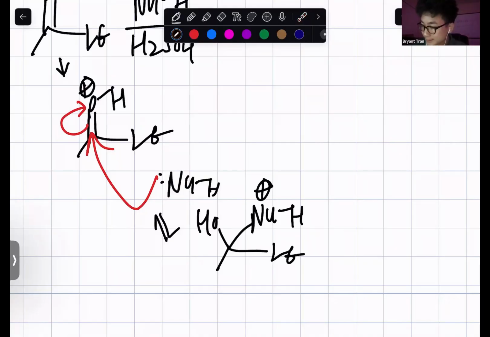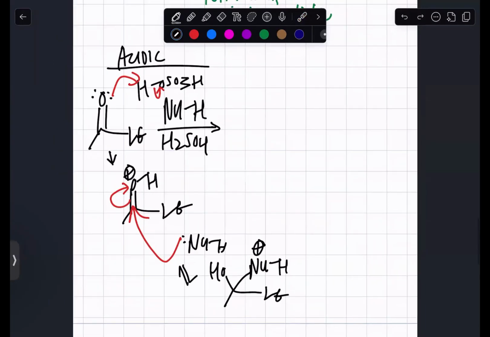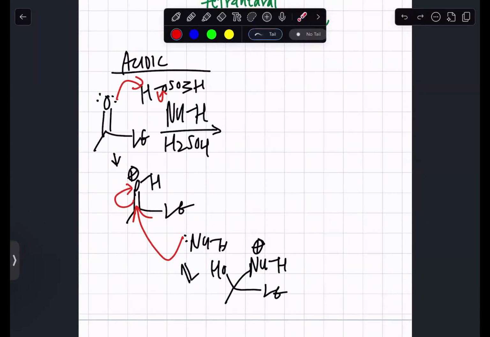Just to go back and make sure: for the first part, the electrons grab the hydrogen, then it creates an OH, which is a greater positive charge.